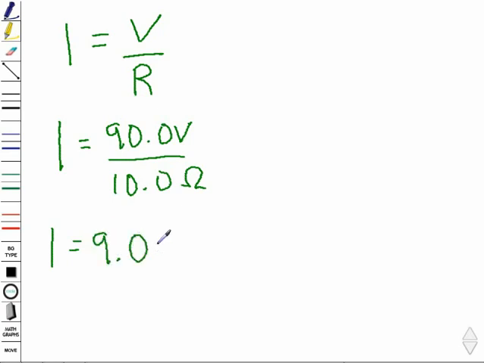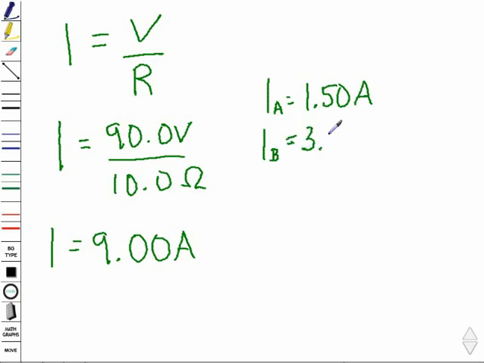And a good way to check yourself to make sure that this final answer is correct is to go back and look at your individual currents. We had current across resistor A as 1.5 amps, the current across resistor B as 3 amps, and the current across resistor C as 4.5 amps.